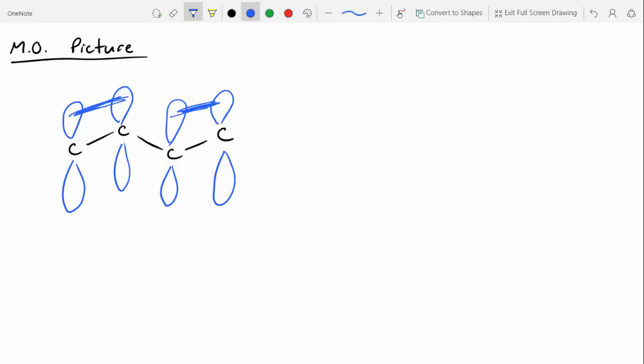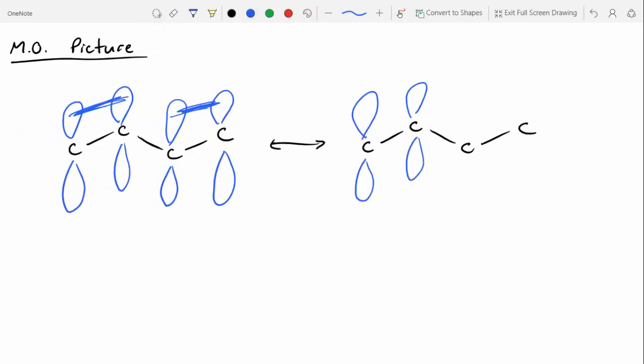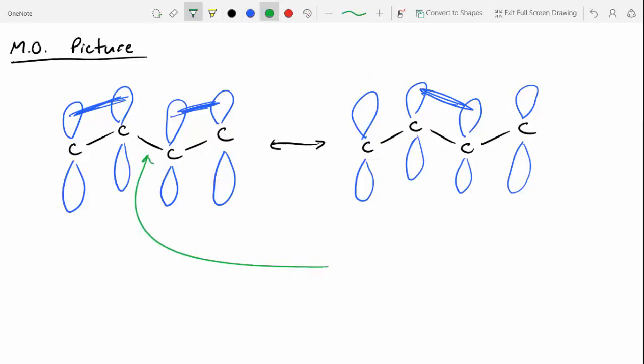The weird thing is that if you look at this, the p orbitals are overlapping, right? They're adjacent to one another. So with these conjugated systems, they also have this strange behavior where, let's redraw this a little bit on the right, the pi bond can actually form in between those two central carbons. So these two carbons, even though we draw them as single bonds, actually are in between a single and double bond.